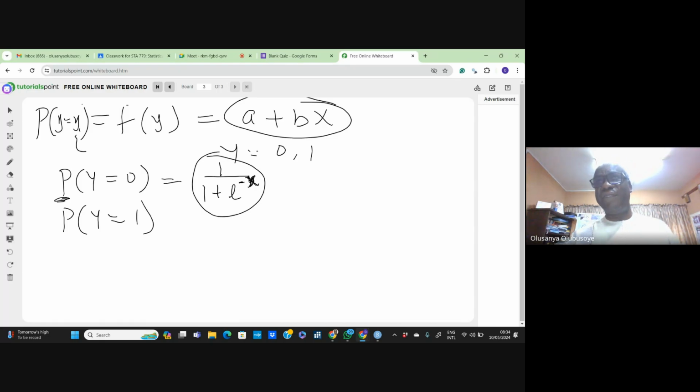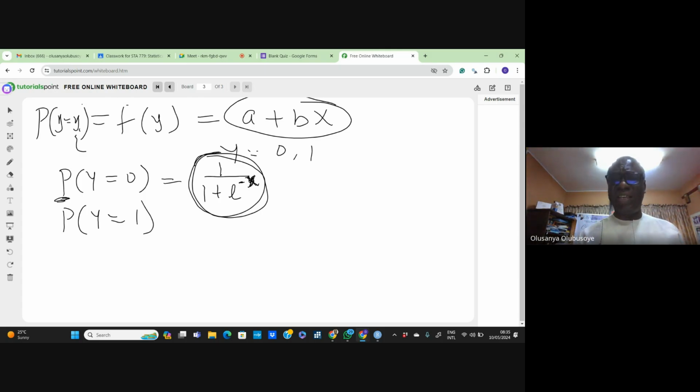You have linear function, you have Poisson. If you are dealing with a dependent variable that is count, again, you will be using Poisson. And so the function you will use will be the Poisson probability density function. So the logistic function has this kind of expression.